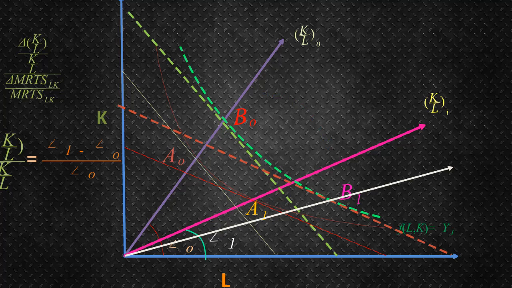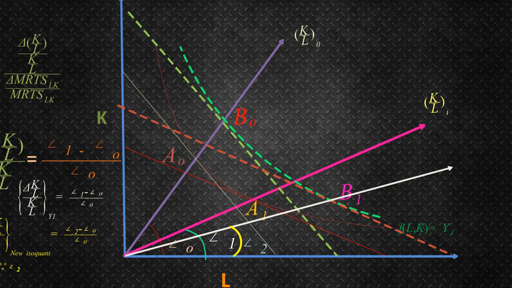The proportionate change in capital labor ratio from moving point A0 to A1 along the original isoquant Y1 can be shown as angle 1 minus angle 0 over angle 0, whereas the proportionate change in capital labor ratio from moving point B0 to B1 can be shown as angle 2 minus angle 0 over angle 0.